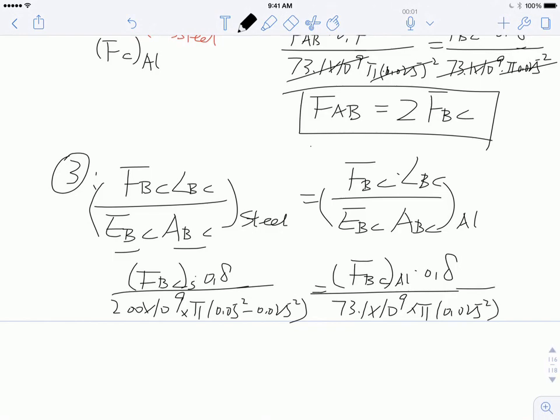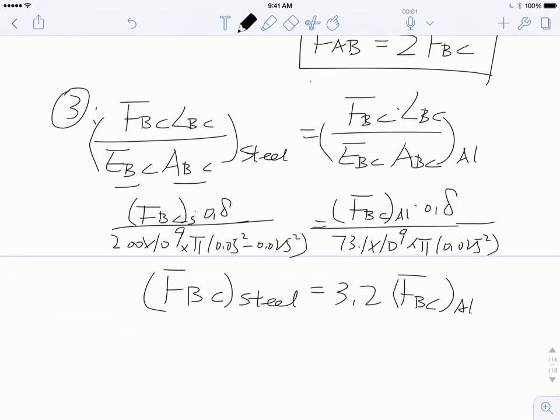So therefore, there's another equation, but we only have a BC in the stainless steel and aluminum. In that case, the force in the BC stainless steel portion should equal roughly, if I did my calculation right, about 3.2 times F_BC in the aluminum.